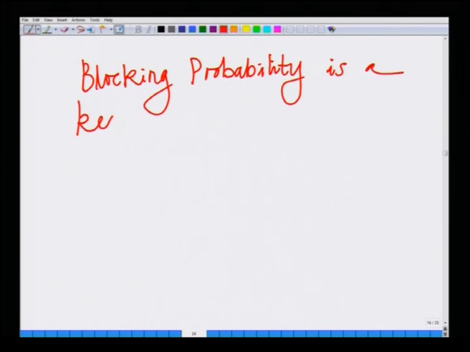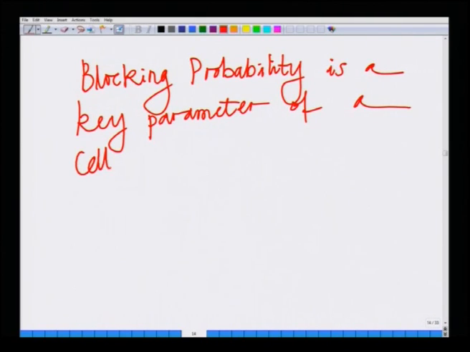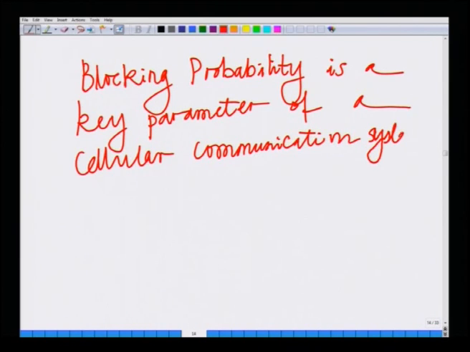Blocking probability is a key parameter of a cellular communication system, and this is what we have to derive.